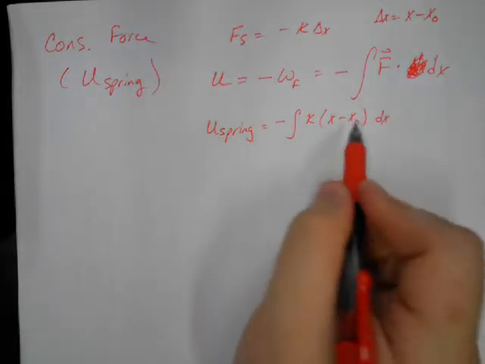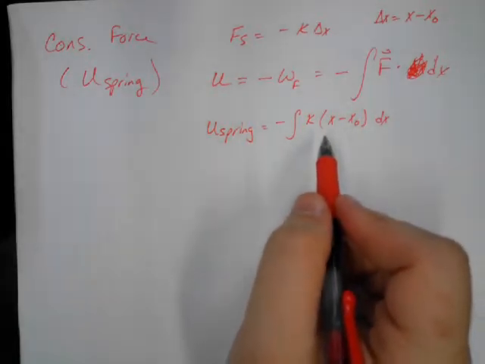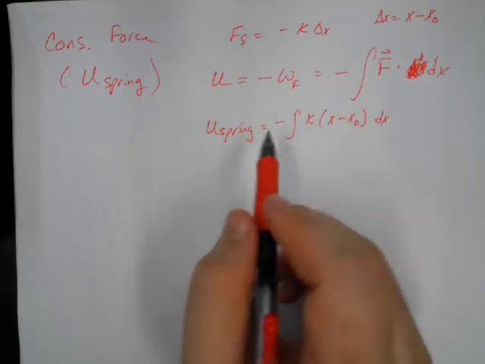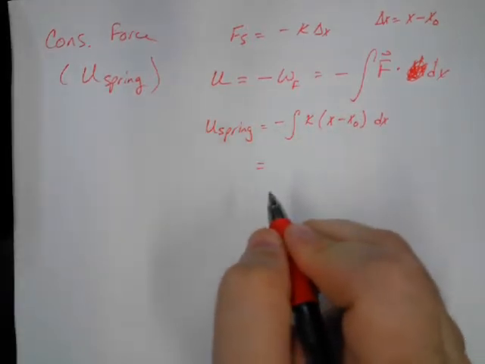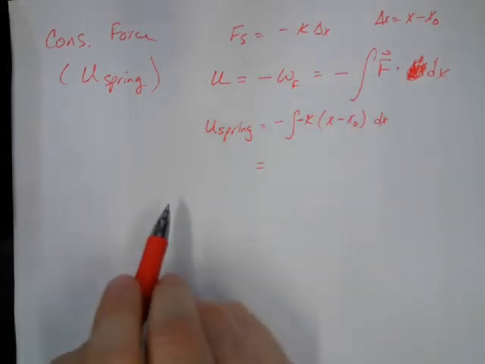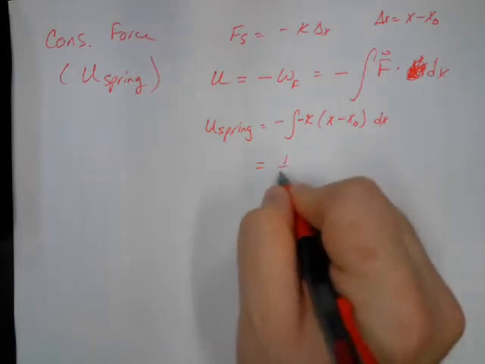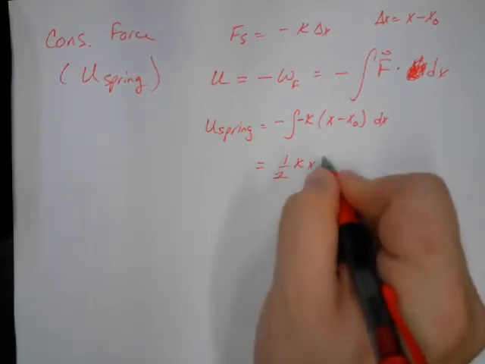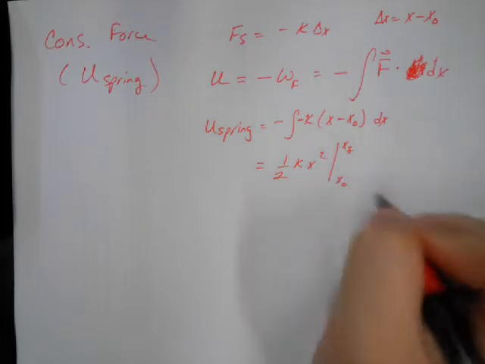Well, this can be converted to a different set of variables, but if you do this calculation, there's a minus sign inside of this because it's F of the spring, which is minus kx. So these minuses cancel, and you'll get 1/2 kx squared evaluated at x final and x initial.